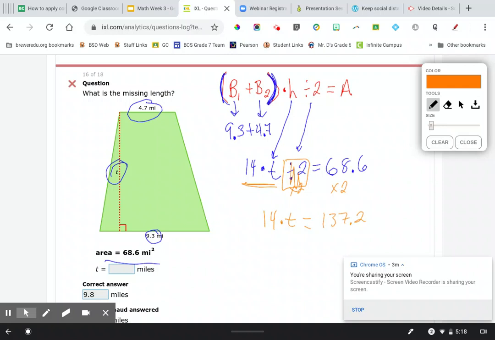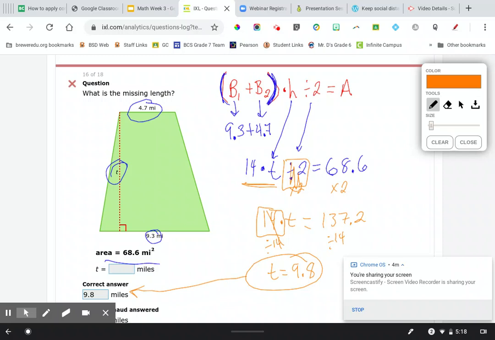I had that ready in a calculator on the side. Don't worry, I didn't do that in my head. Then I still have this 14 times T, so I want to get rid of it, so I'm going to divide by 14. T is going to equal 9.8. Right? That's going to be the answer that it's looking for.